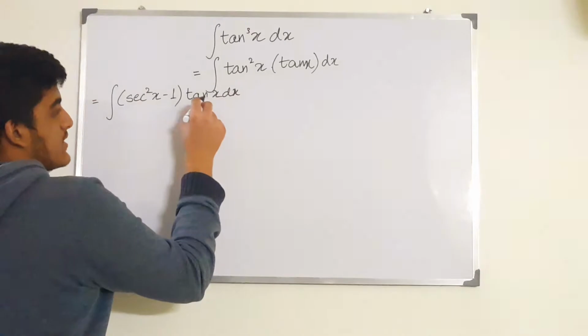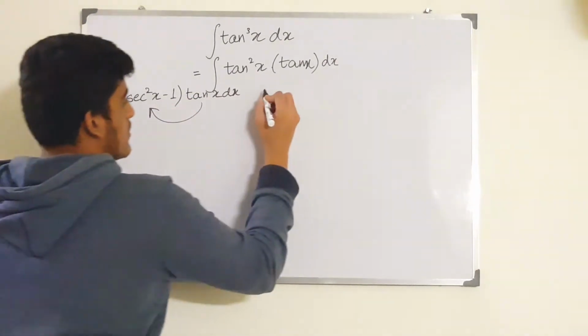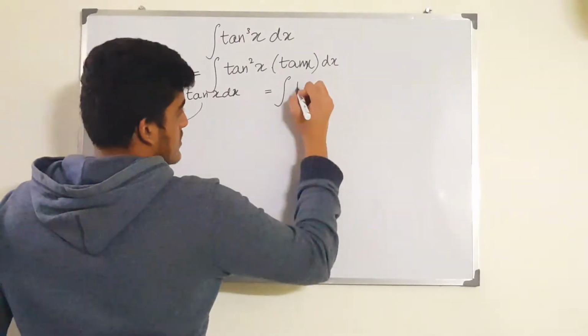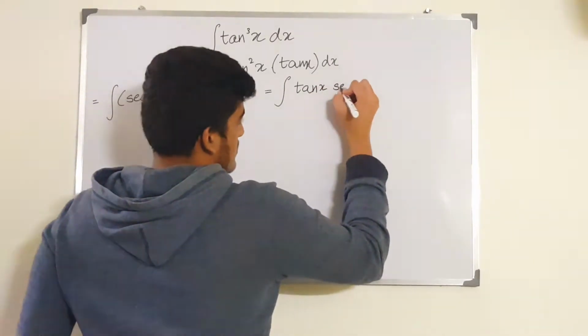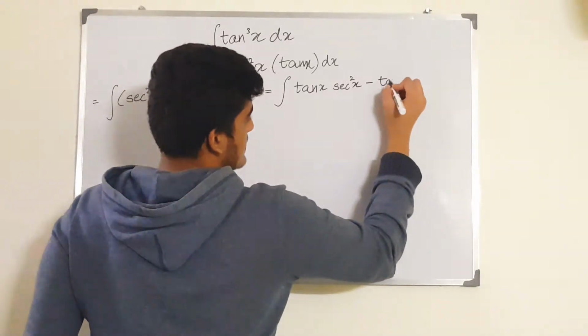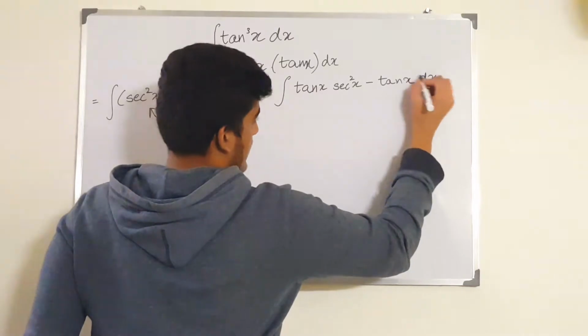So we multiply tan x into the bracket. So what we have is tan x sec square x minus tan x dx.